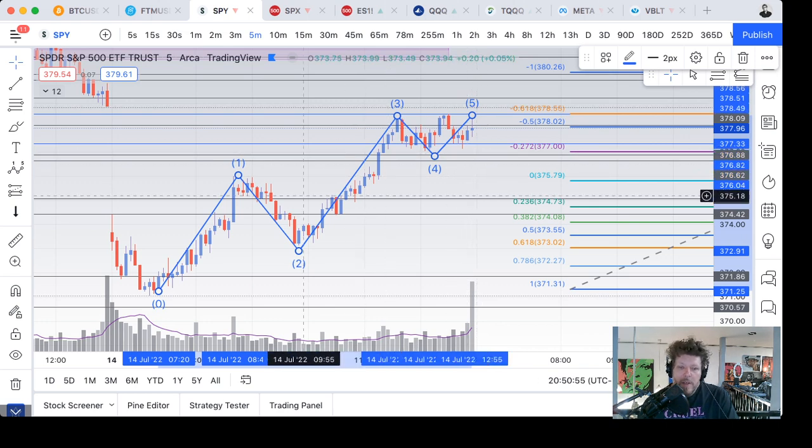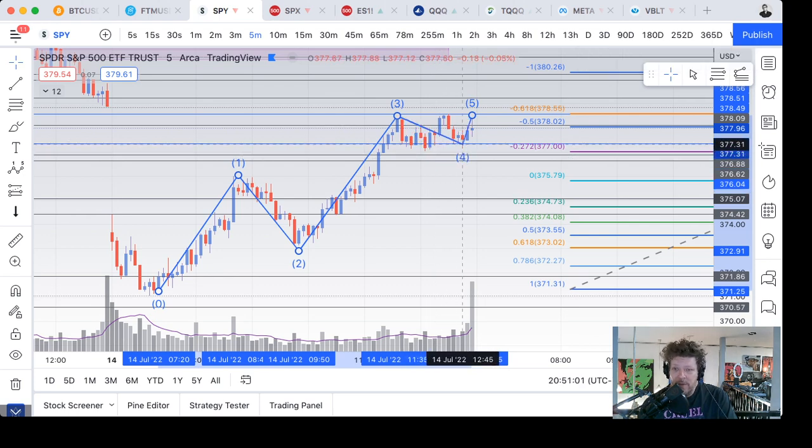Now this 1 to 2 wave looks quite a bit longer than 3 to 4, so there is a chance that this is still a 4 wave in development, and that there could be a 5 wave that could continue on, it could get truncated, it could just die off.